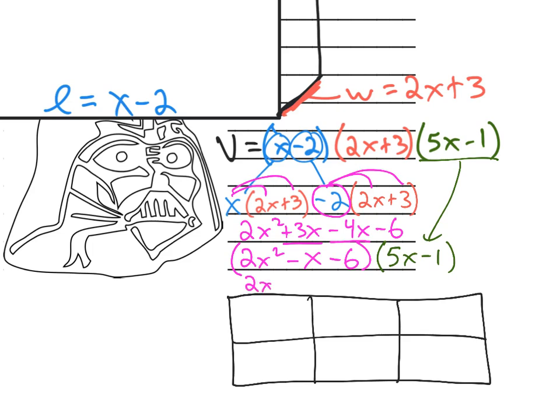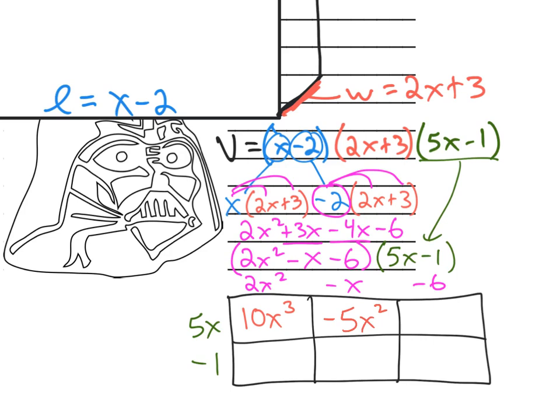So on top is my trinomial, 2x squared minus x minus 6. On the side is my binomial, 5x minus 1. And we're going to find the area of every little box. The first one is 5x times 2x squared, which is 10x to the third power. My next area is 5x times negative x, which is negative 5x squared.